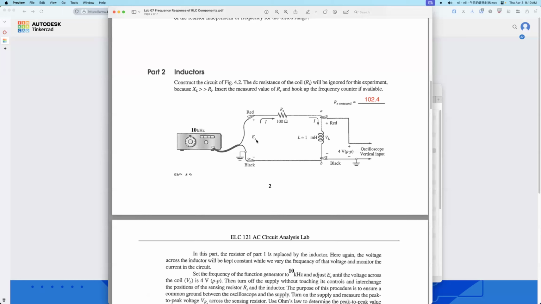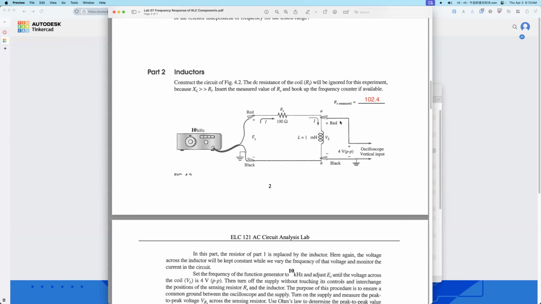So for this one, like we did before, this is resistor RS, the sensing resistor, connected to an inductor in series. So this is a series circuit with a function generator. The frequency starts from 10 kilohertz. The resistance we use is 102.4.